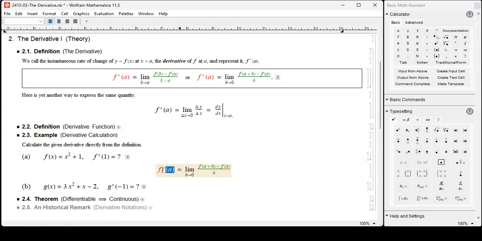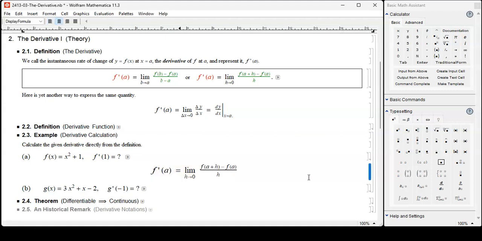And I don't need color coding anymore, so let's go back to black. And let's expand the font a little bit. We want a fraction here, so a bigger font will be helpful. Finally, f prime of 1 is the quantity we are looking for, so let's replace a with 1.